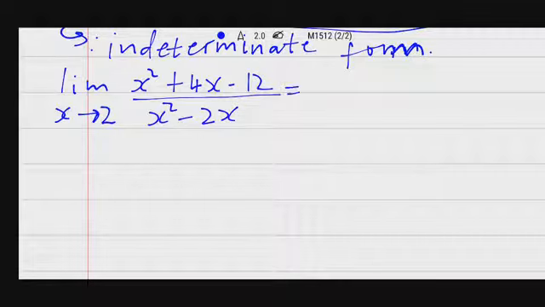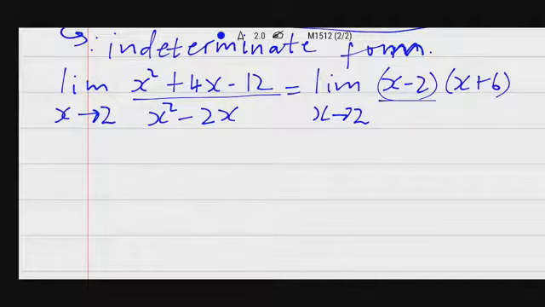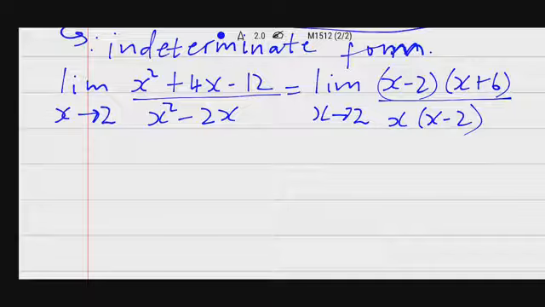If we factor that, you should get x minus 2 and x plus 6 in the numerator. In the denominator, you can factor x out, and you are left with x minus 2. Beautiful. Now it looks much better than before, because you can see two terms which are likely to cancel out.